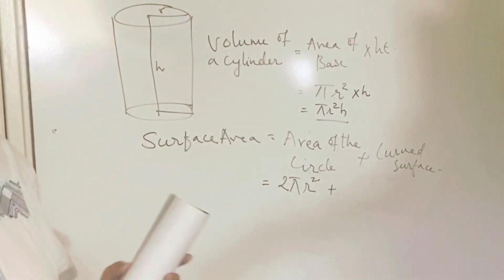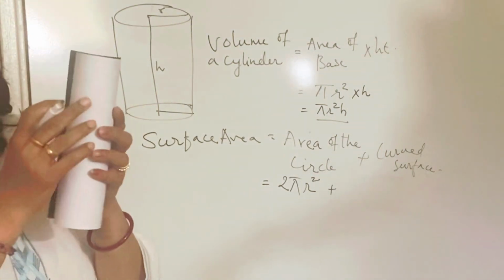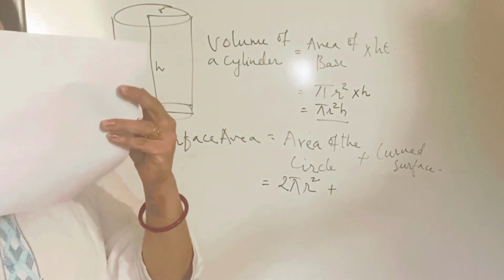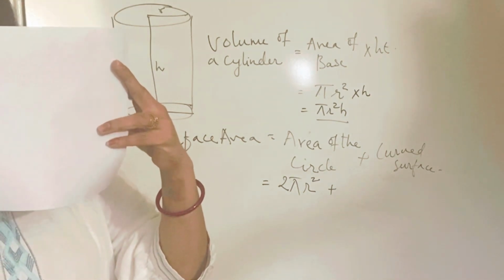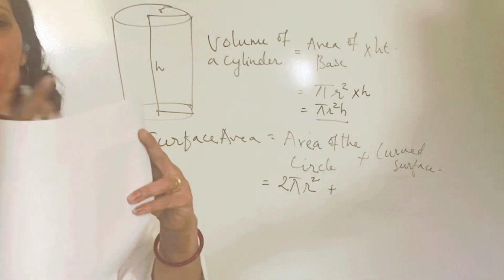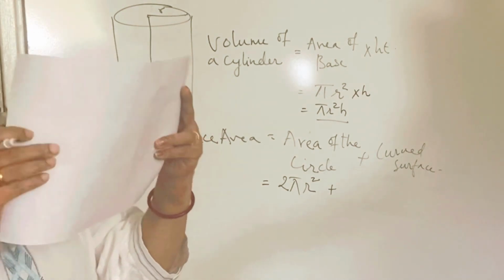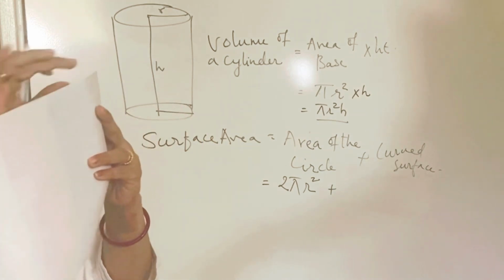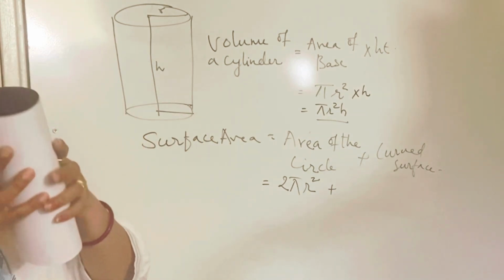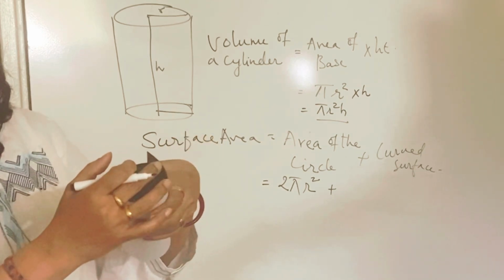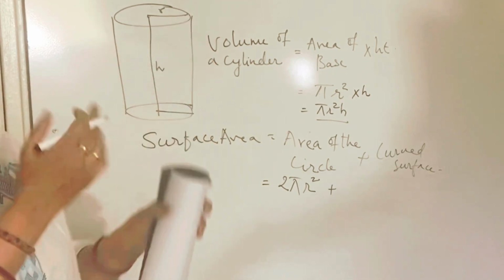Now we have to find the curved surface area. If we open the cylinder this way, we can see it is of a rectangular shape. The area of a rectangle is length into breadth, or length into width. Here the length turns into the circumference of the circle, and the width is the height.